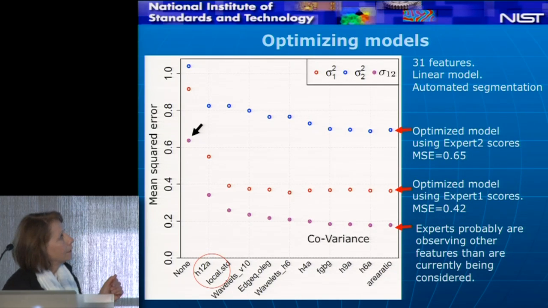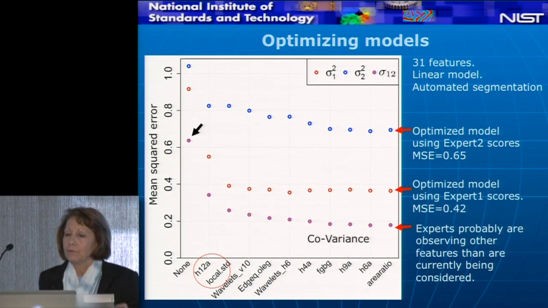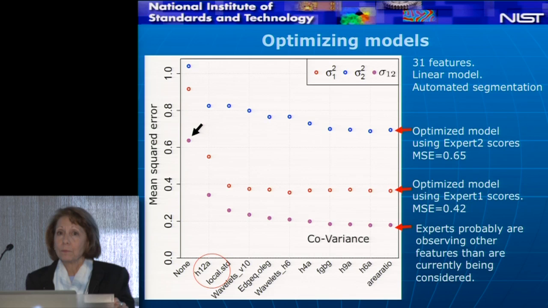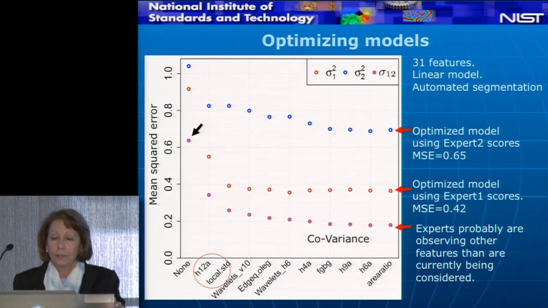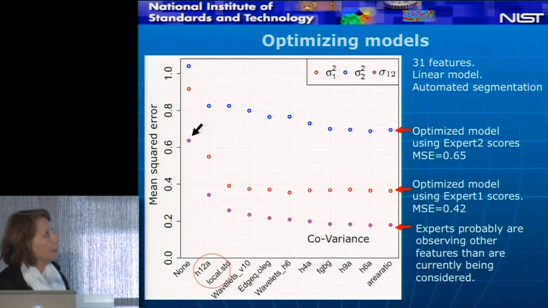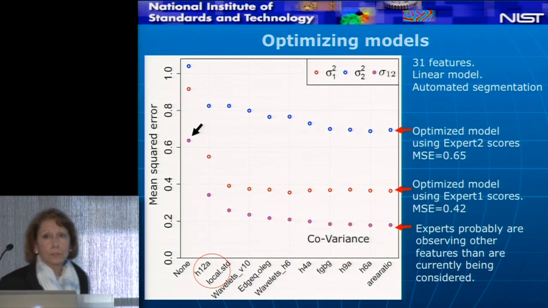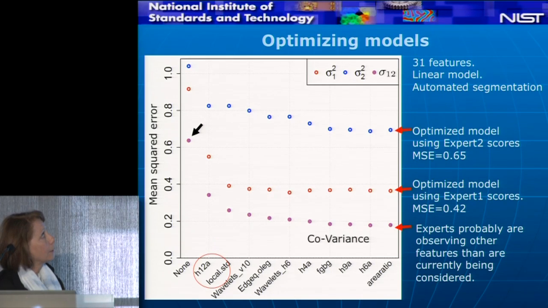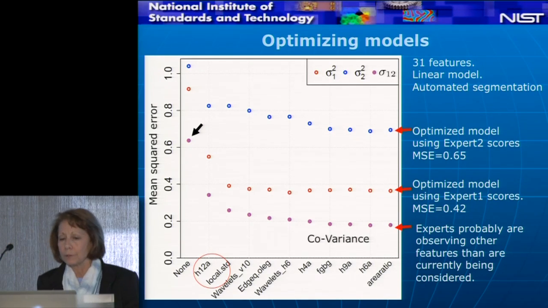So in this subset of models, these models involved 31 features. Just the linear model, it turned out that the more complex random forest model didn't have any advantage in this analysis. And this used the automated segmentation, the images that were segmented by an automated method. And what we found was that the mean square error between the two experts, so when we compared expert 1 and expert 2, had a variance of roughly 0.62.